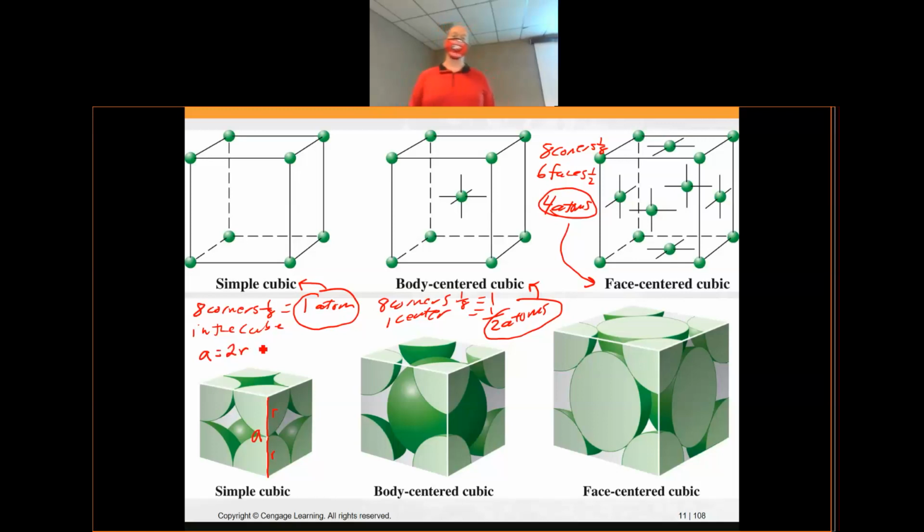So you'll either be given the equation solved for A, which is 2R, or it'll be solved for R. R is equal to A over 2. All right, so you're going to be given a radius equation. If it's A over 2, well, that is for the simple cubic structure. All right, and then we're going to go over to face-centered because face-centered is a simple geometry equation.